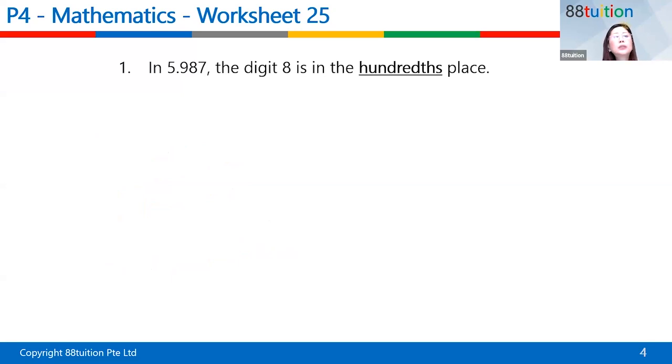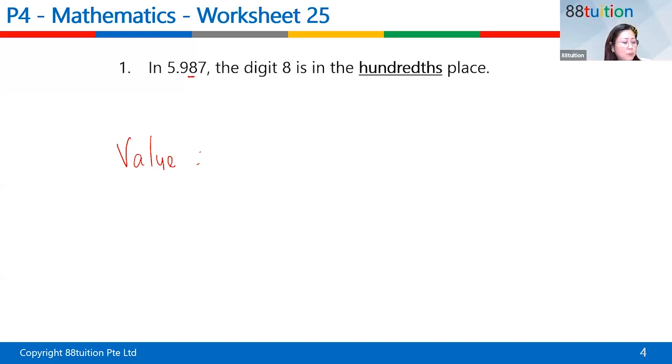Okay. So if just now they asked you for the value, then the value of 8 is what? What's the value of 8? Can you tell me the answer? You either unmute or you can give me the answer through the chat.